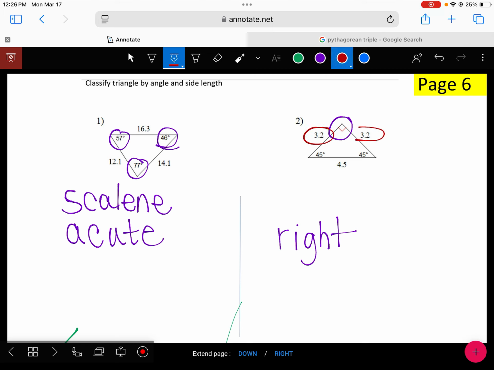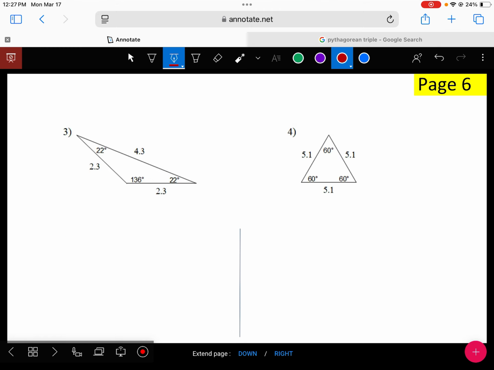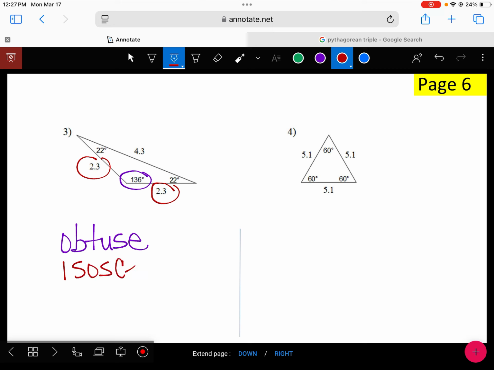And 2 sides are equal, so it would be isosceles. For number 3, we have one angle that's greater than 90, so it's obtuse. And 2 sides are equal, so it's isosceles.